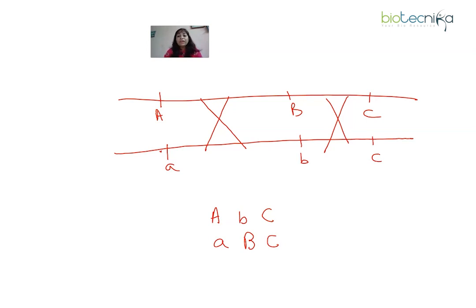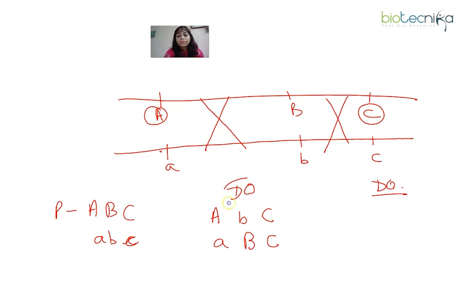Right? Now, when we are considering three different genes, we can differentiate the double crossovers from the parentals. Parentals are capital A, capital B, capital C, and small a, small b, small c. Okay, but when you are considering just the terminal genes, just consider A and C. Okay, so after double crossover also, the A and C will appear as capital A, capital C and small a, small c.